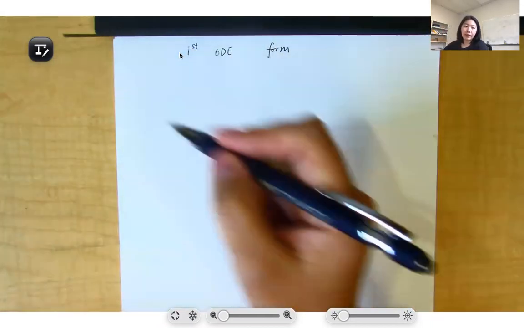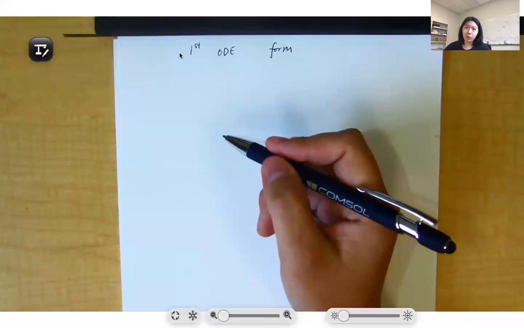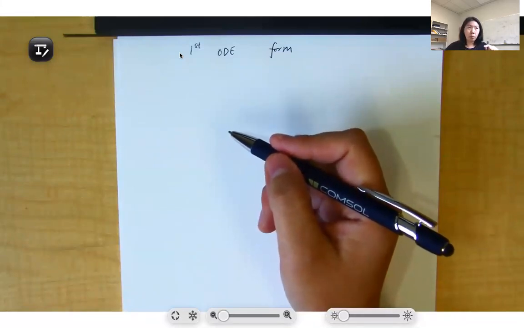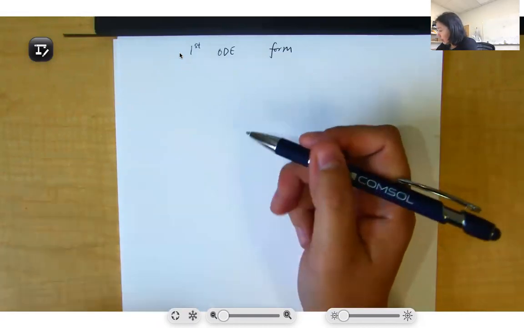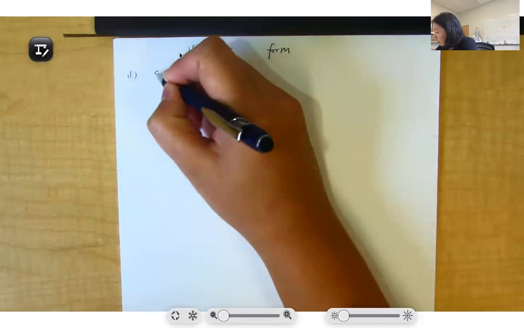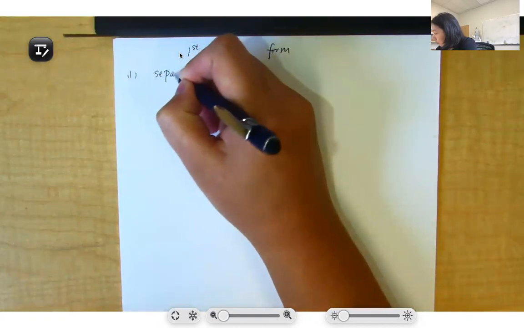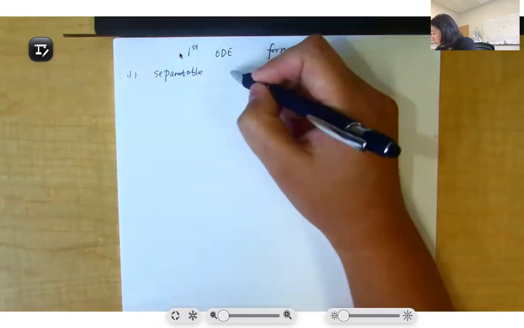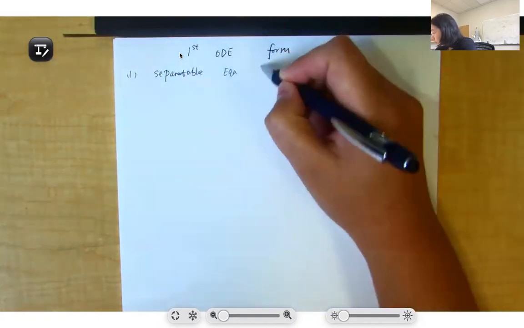And we saw from the motivation example that the separable form is the easiest form to solve analytically for the first order ODEs. So the first one will be the separable equation form.